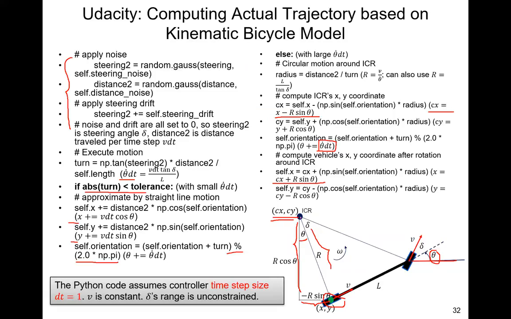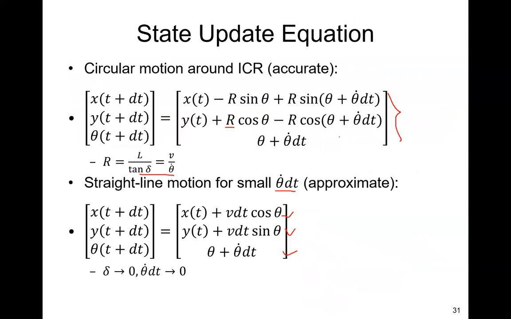So perhaps there's a small rotational motion, and then the new position is perhaps in here. And this angle here is theta dot dt. So that's how you get the updated equation here.